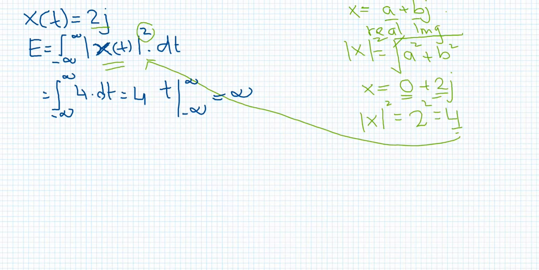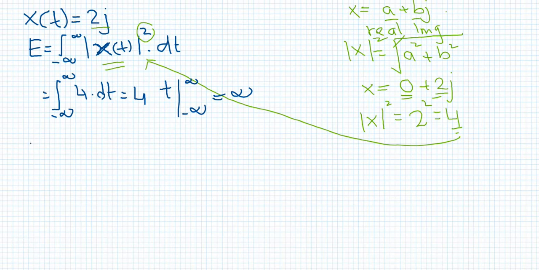Now, as we discussed previously, the possibility is that my power is going to be either finite or infinite. If it is finite, then obviously it is a power signal, and if it is infinite, then my signal is going to be neither, meaning neither energy nor power.